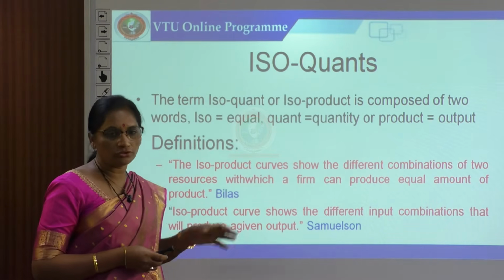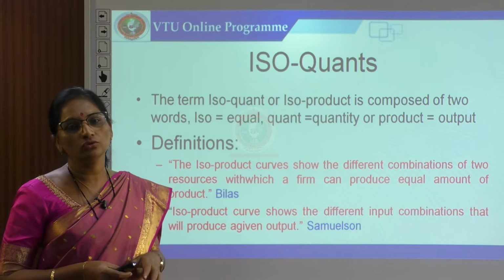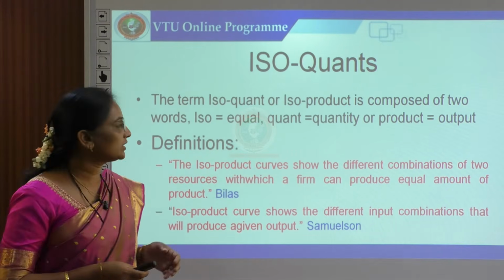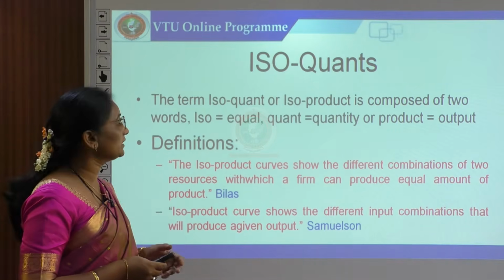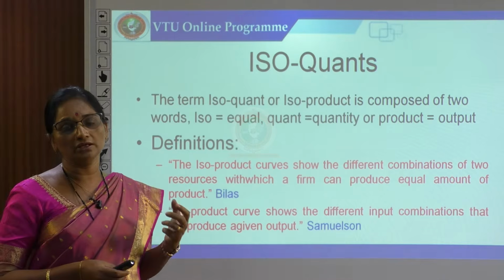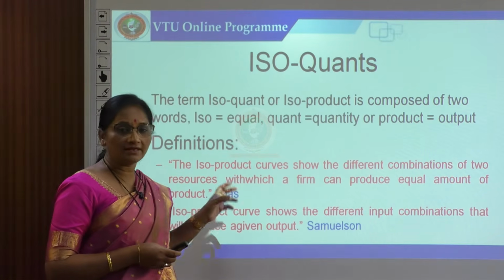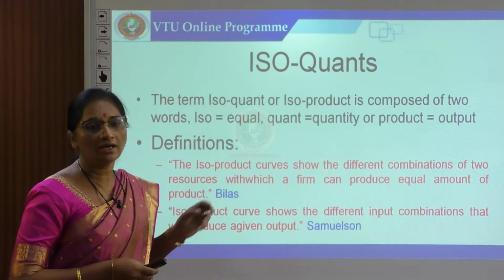When substitution is possible, producers can go with any combination according to their convenience and their experience in production. These curves help us understand what that combination is, how we can choose it, and how we can use it to take practical decisions in the production function. All of that we can understand with the help of isoquants.